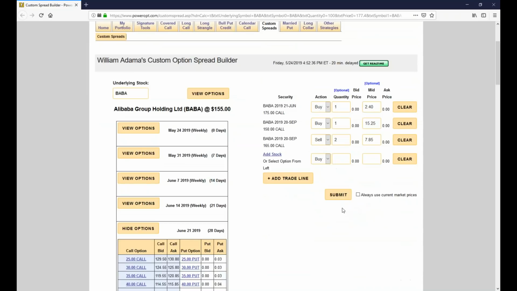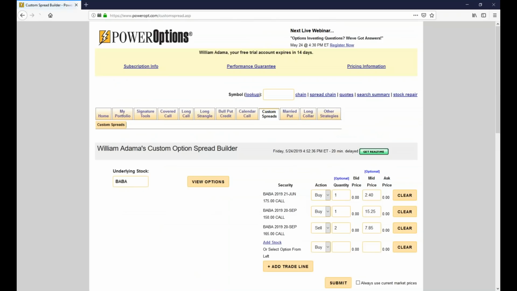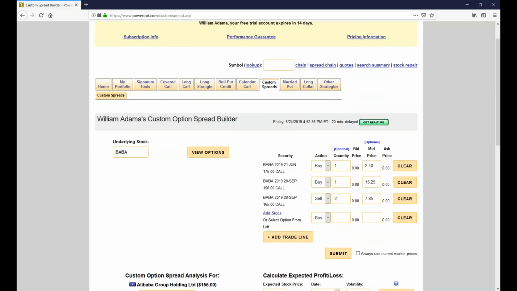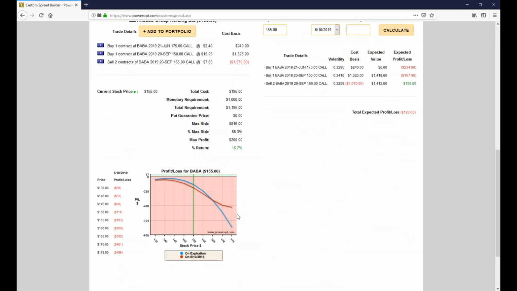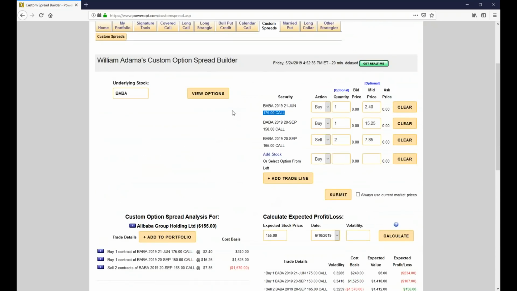So what does that mean? Well, now we're in a strange situation where we're short two 165 calls, long a 150 call for September, and long a June 175. The graph doesn't really get us back to break even because we're not looking at a stock repair.